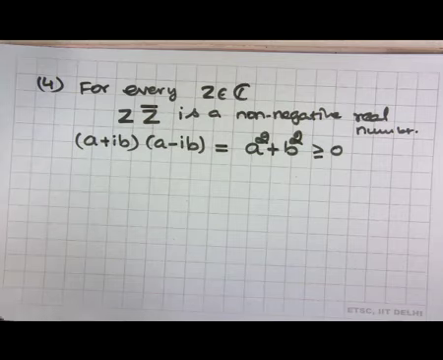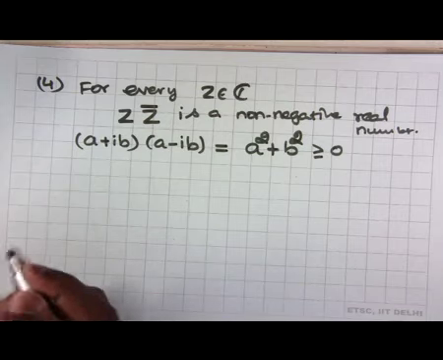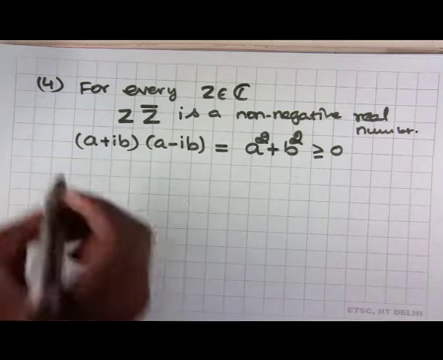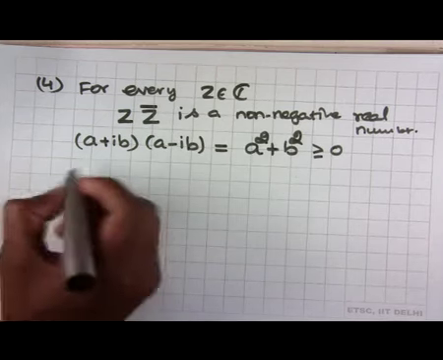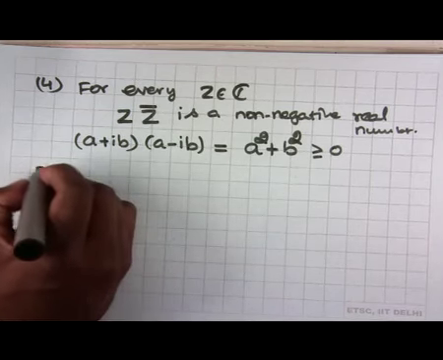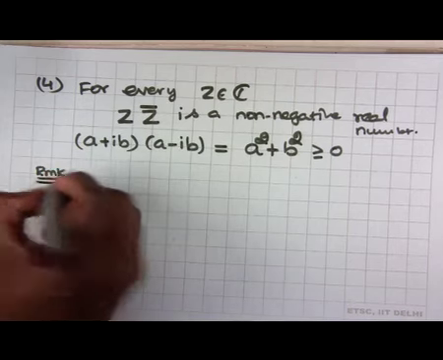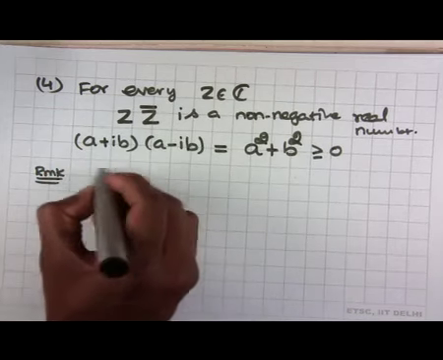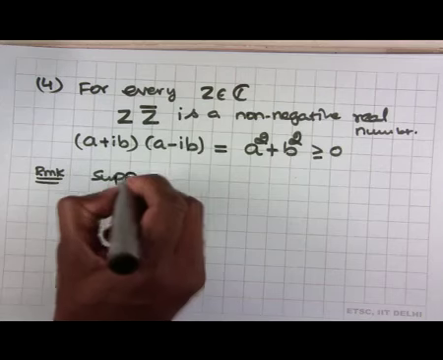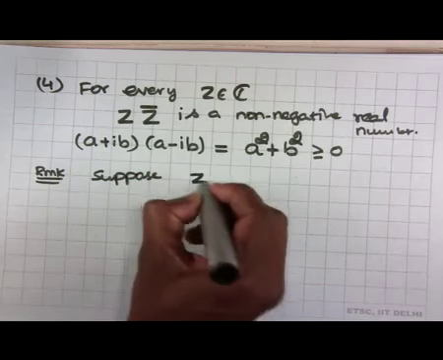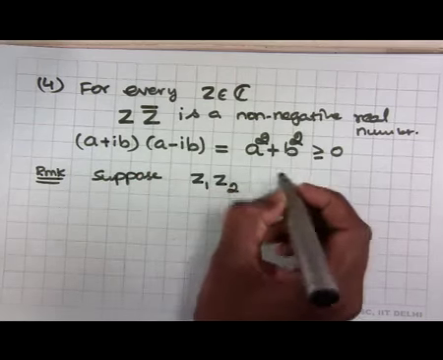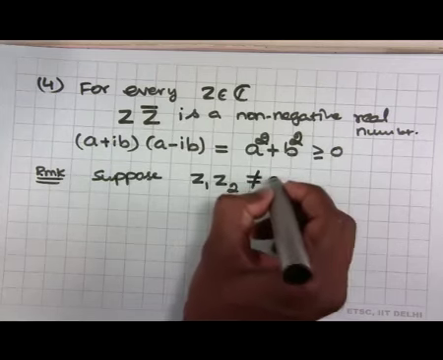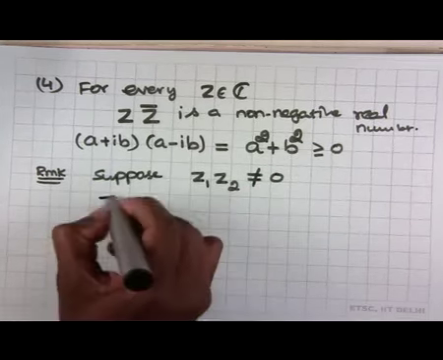So, from this particular proposition, what we can observe is, like a comment or a remark, suppose you have Z1, Z2, their product is non-zero, okay.